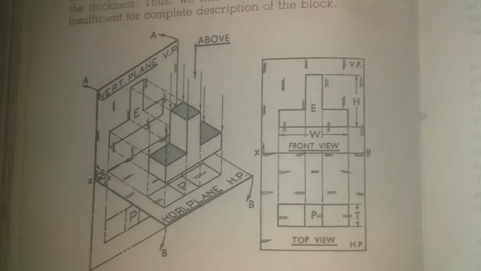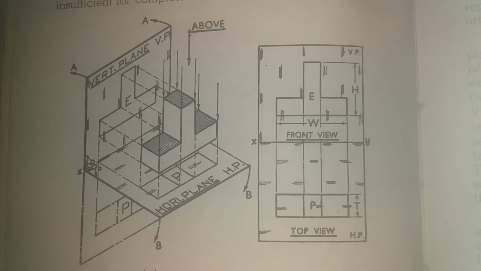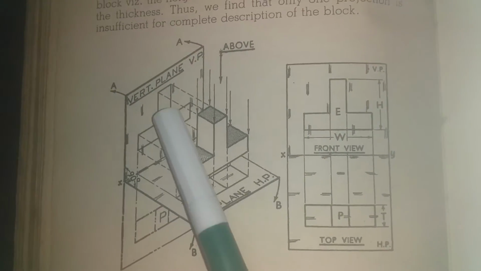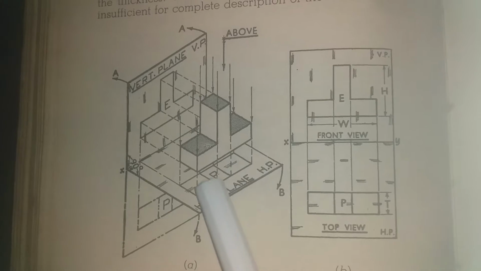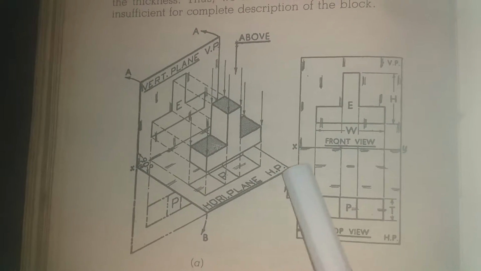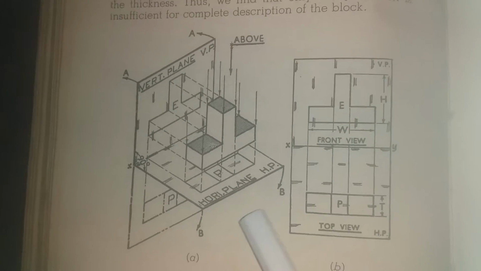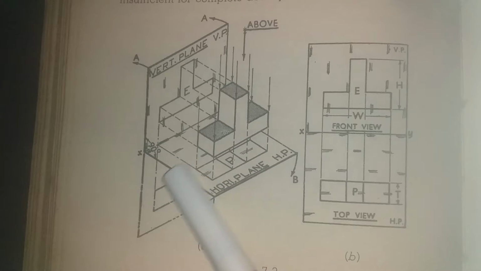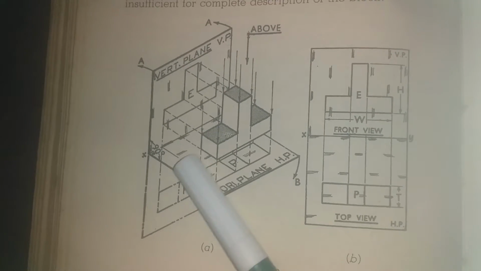So this plane where the front view is drawn is called the frontal plane, and the horizontal plane is called HP. And this horizontal plane and the vertical plane meet at a reference line, that is XY.